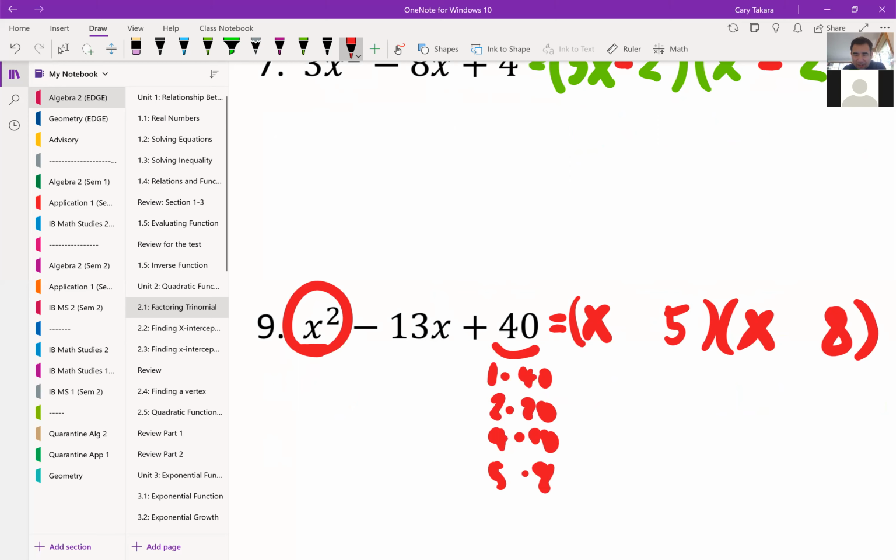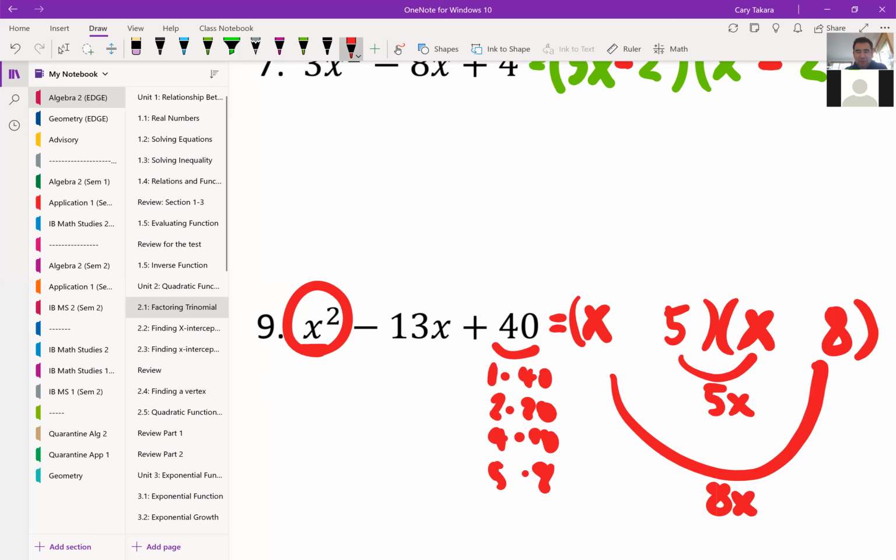Because, why? That's 5x. That's 8x. Can you create negative 13? Yeah, right?